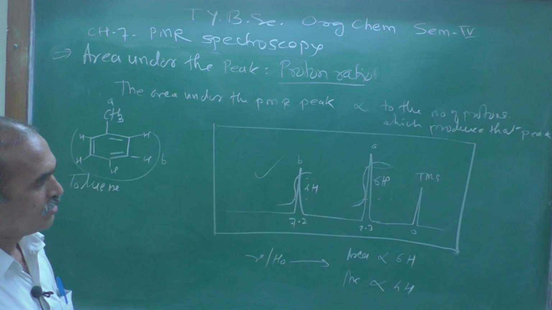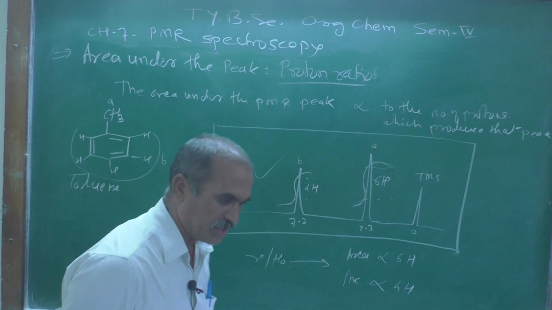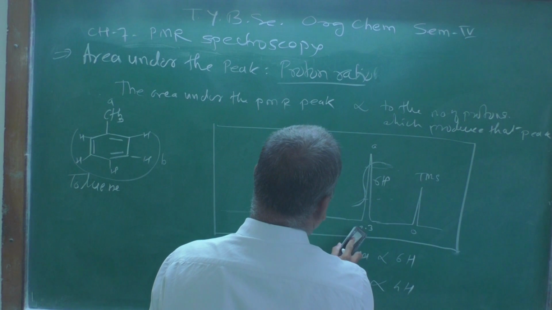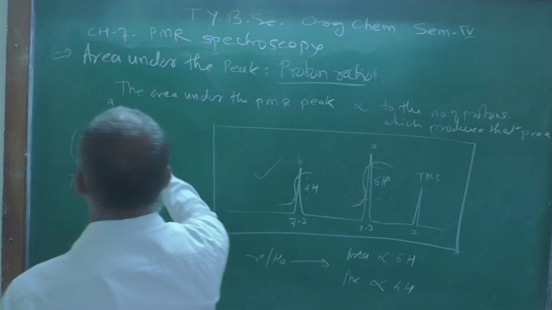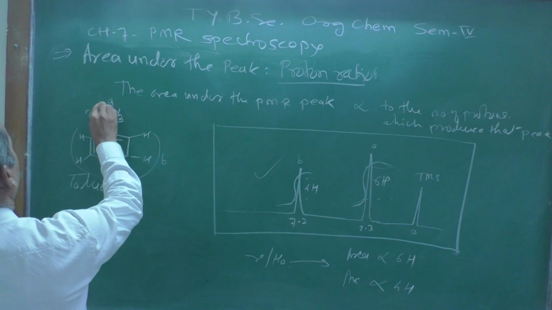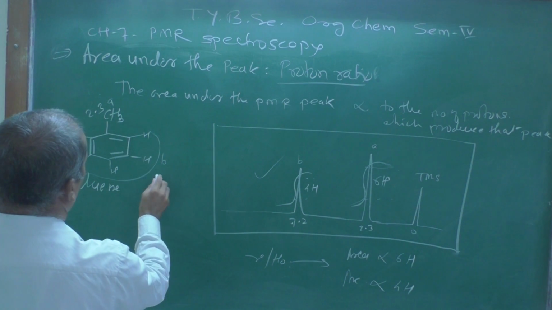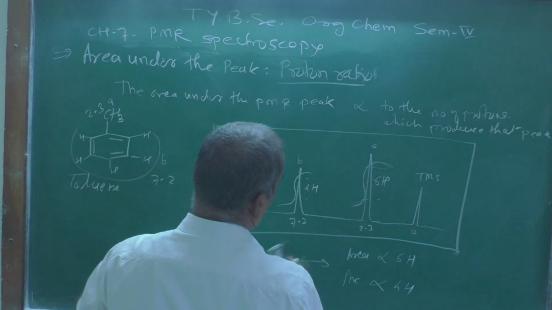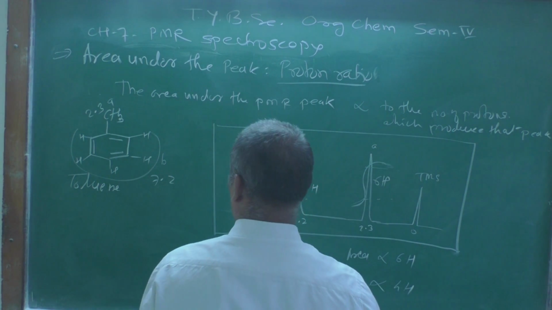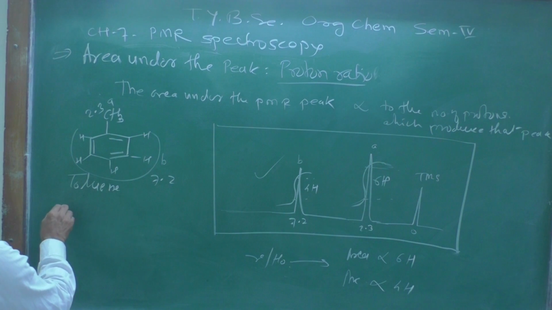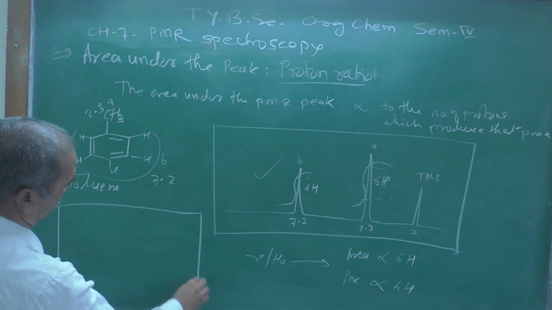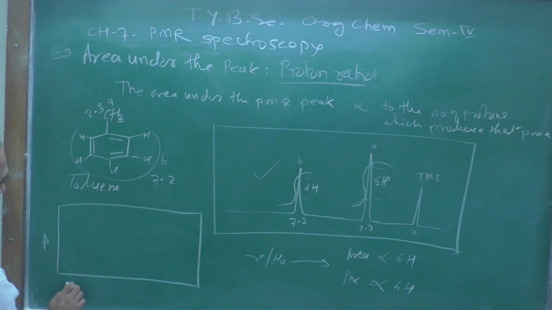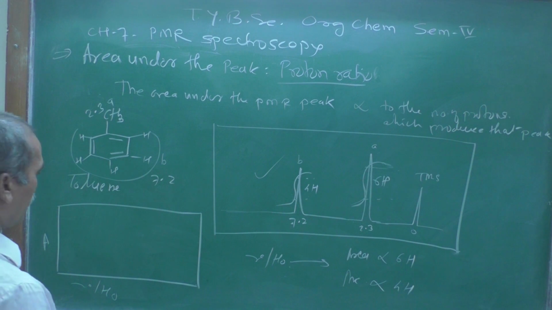So two kinds of protons are observed in toluene. The methyl protons are at 2.3 and the aromatic at 7.2 once again, but now the integrations have changed. For convenience I am drawing that spectrum, absorption versus frequency or applied magnetic field.